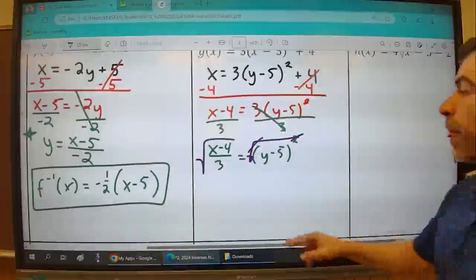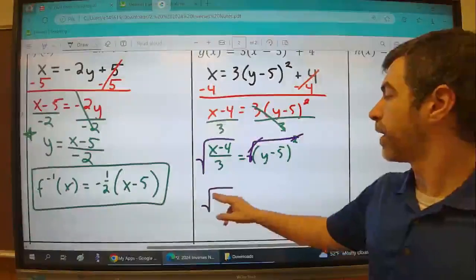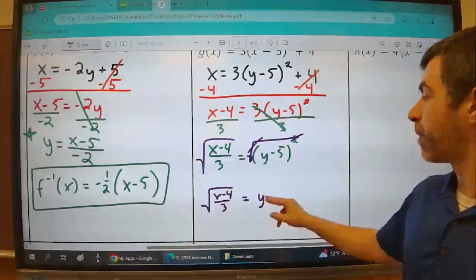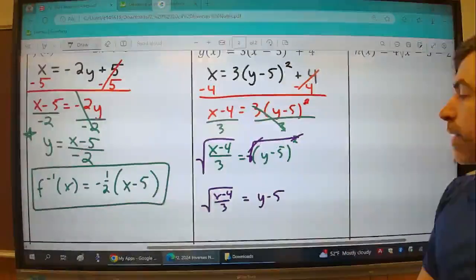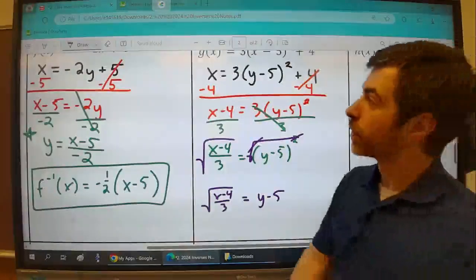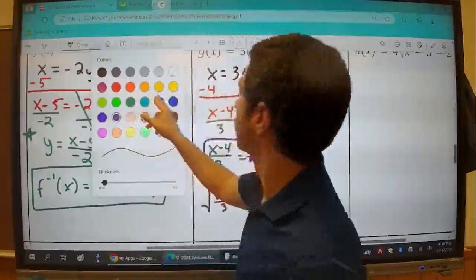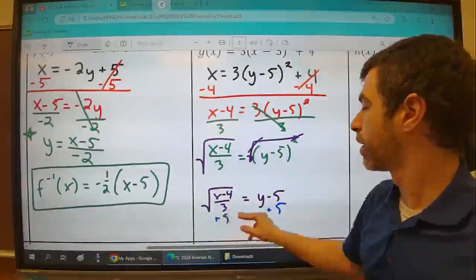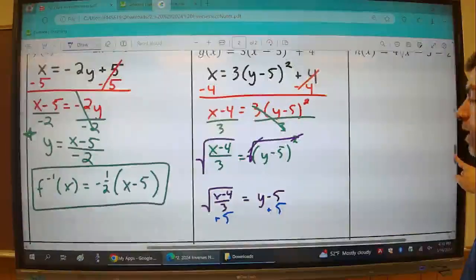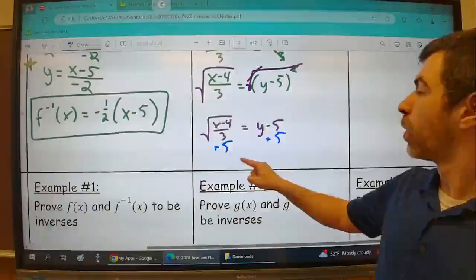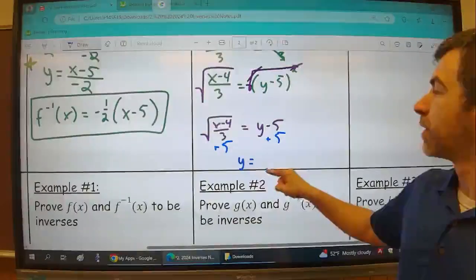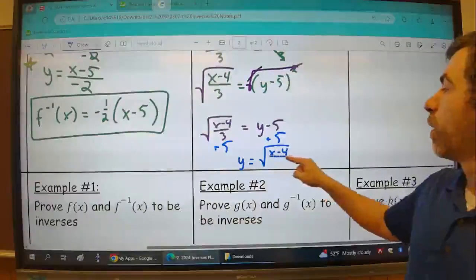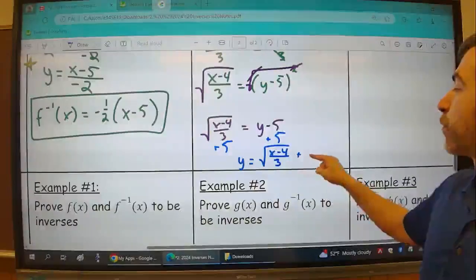Now I have the square root of x minus 4 over 3 equals y minus 5. And the last thing to do would be to add 5 to both sides. So the final answer, which I'm running out of room for, is y equals the square root of x minus 4 over 3 plus 5.